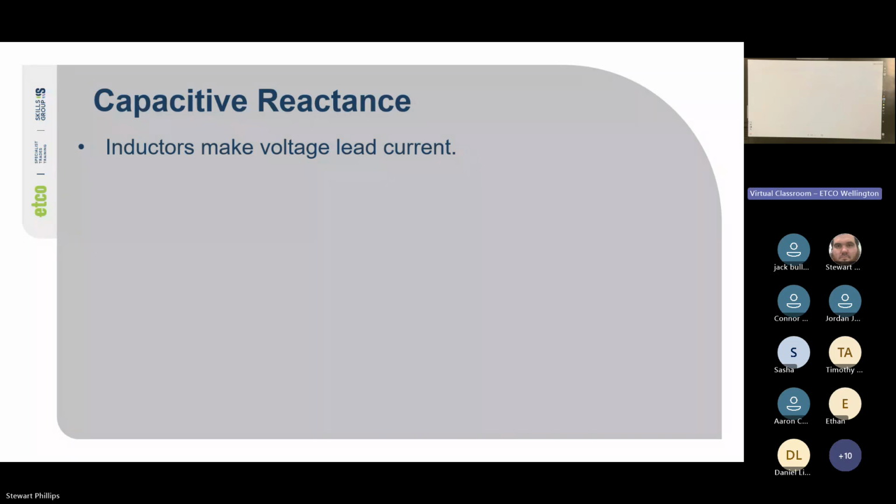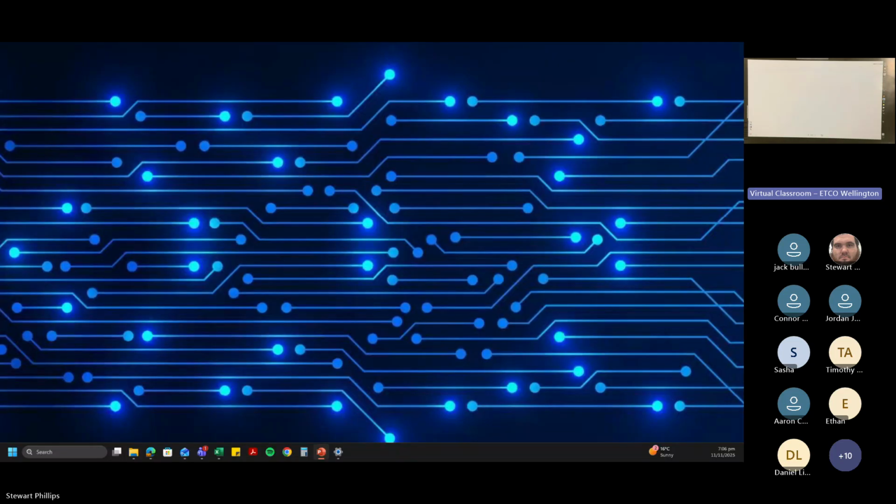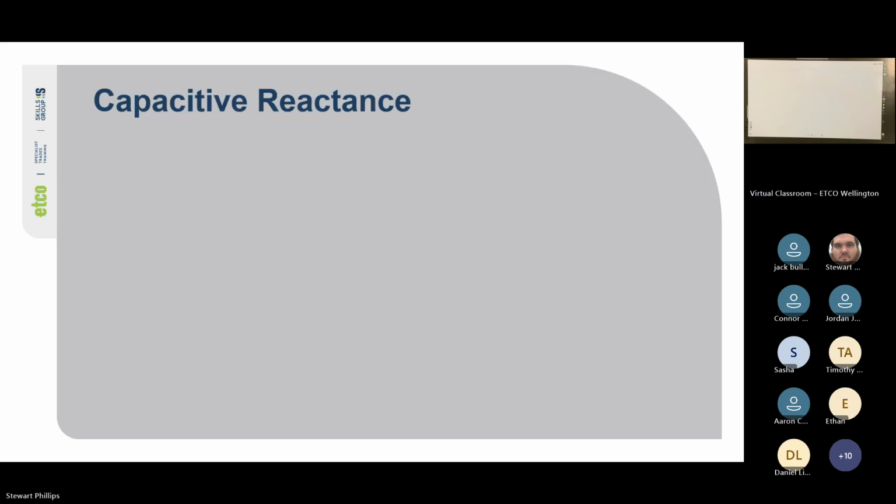Hold on, I'm going to fix this because it's going to annoy my brain. Yeah, inductors make voltage lag the current.